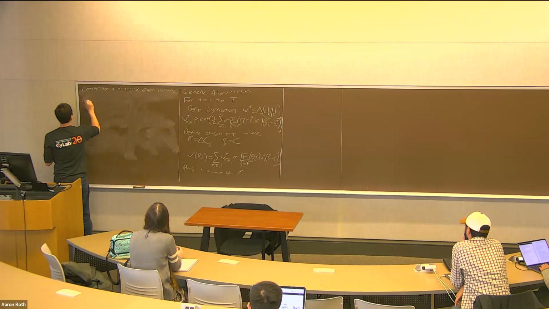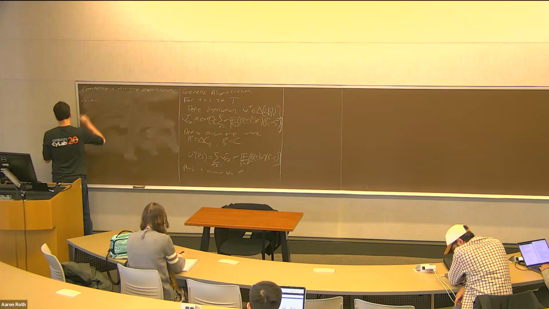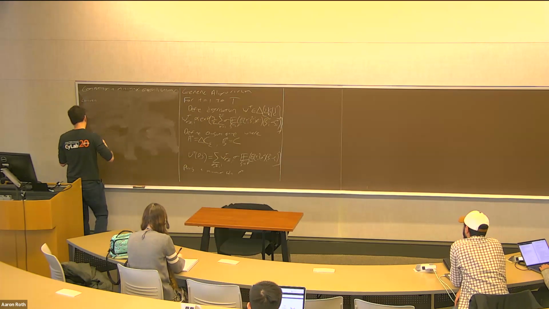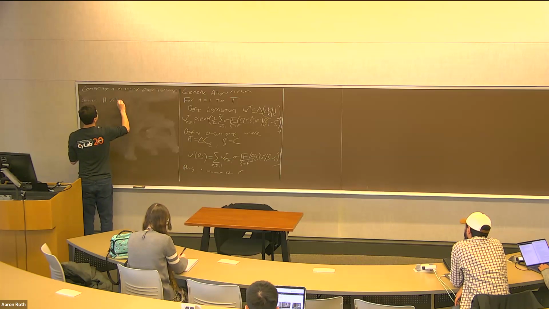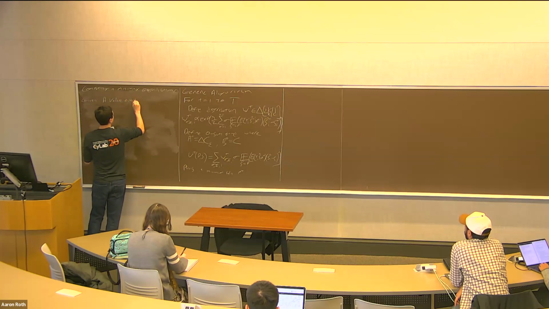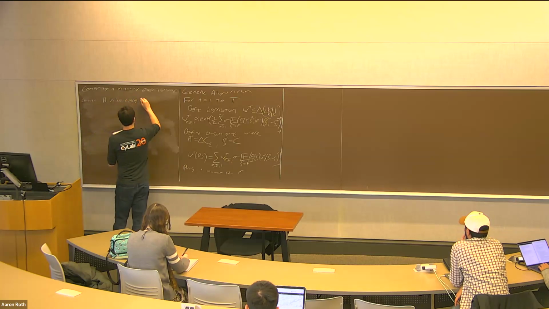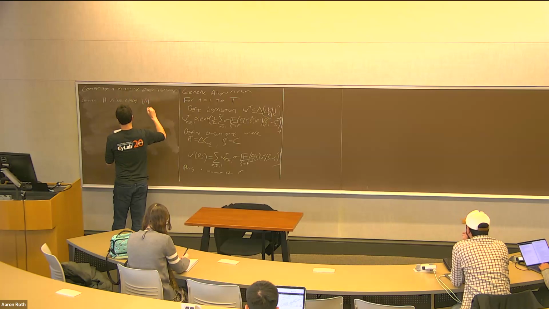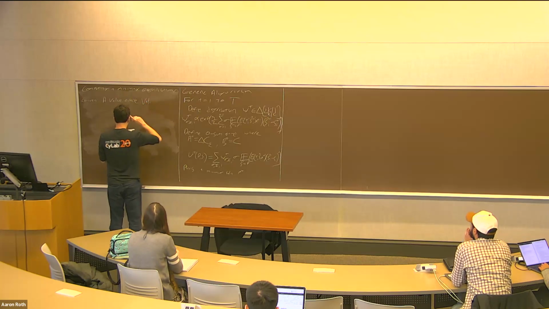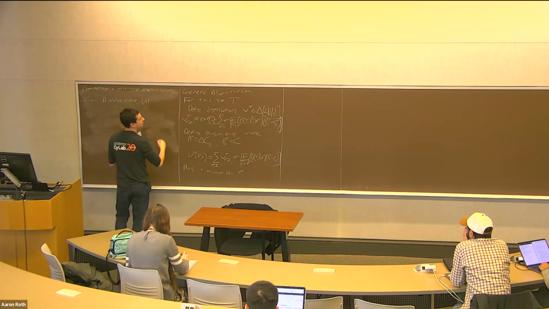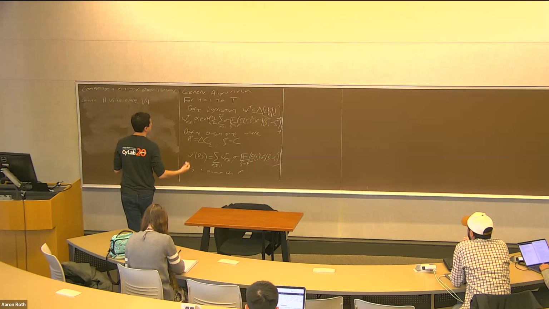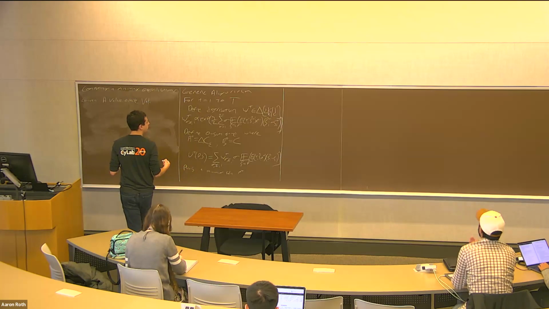So what are we given? A value oracle. What kind of object is a value oracle? Well, in this case, we're going to be using it for the minimization player.